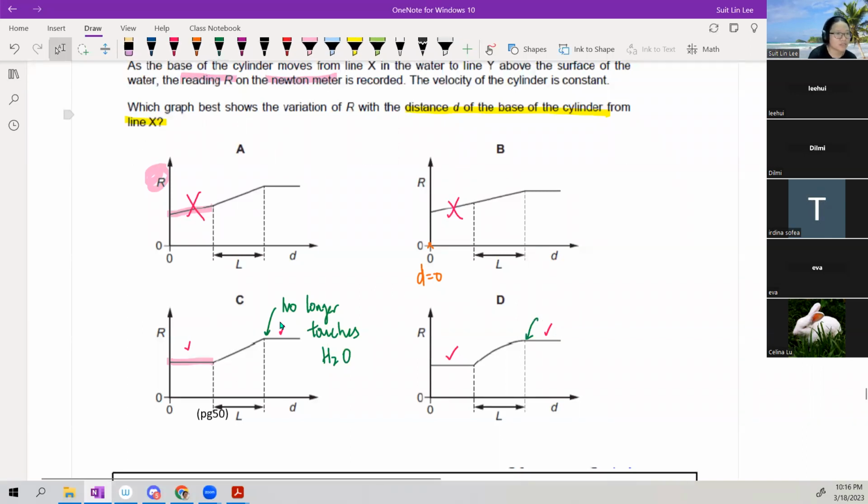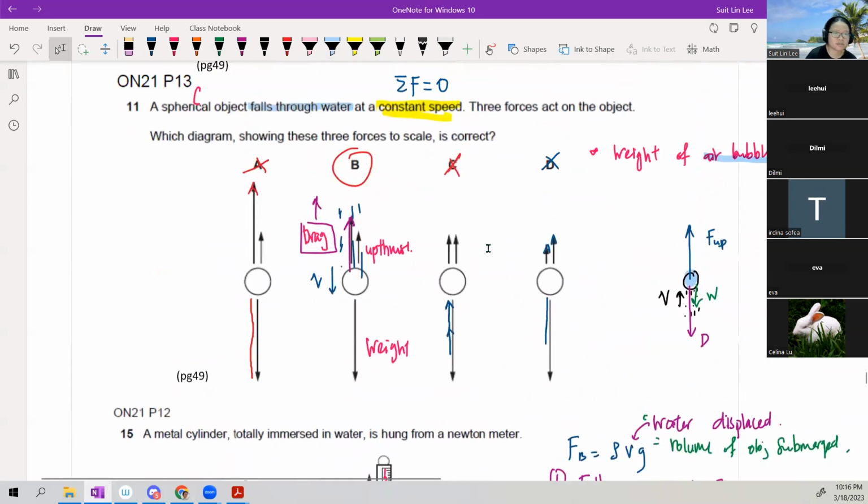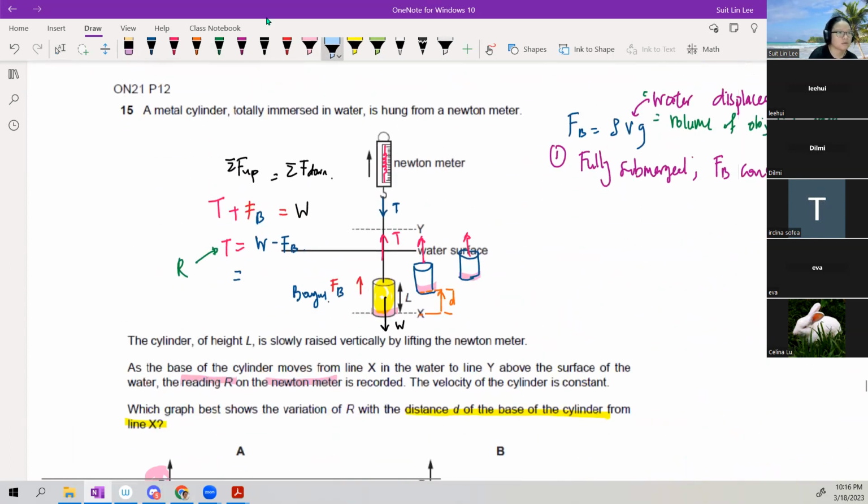So the question remains: should the middle section, as it slowly leaves the water, be constant or a curve? When you think about this middle section, let me continue the water surface first. So now your cylinder is going to slowly, step by step, leave the water surface.